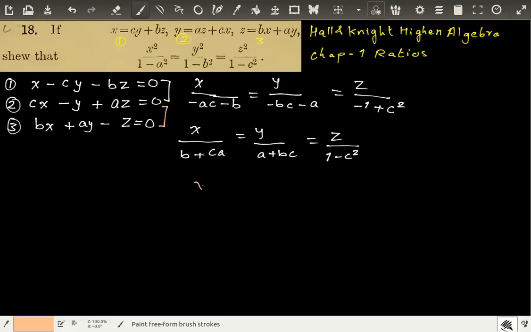We will get x over, this we have minus 1 times minus 1, which is 1, minus plus a, 1 minus a square, is equal to y over a times b minus c, so that will be plus c, is equal to z over c times a minus b.